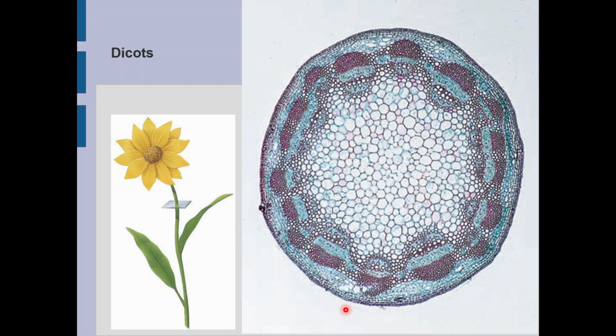If we look at the eudicot stem structure, then we can see that the vascular bundles are located in a circle around a central pith.